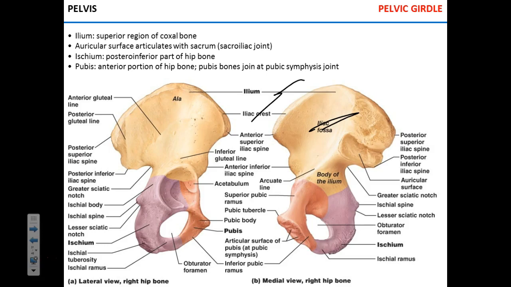Now, the surface here on the ilium, you can see it right here, articulates with the sacrum, forming the sacroiliac joint. And you can see that this bone has a lot of lines and crests, projections, right? The spines.